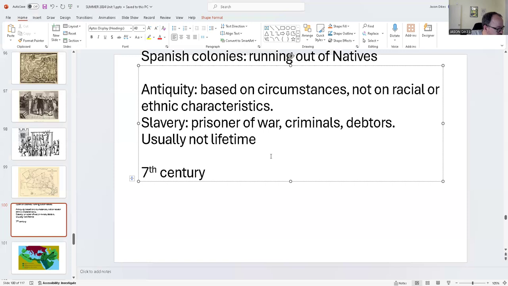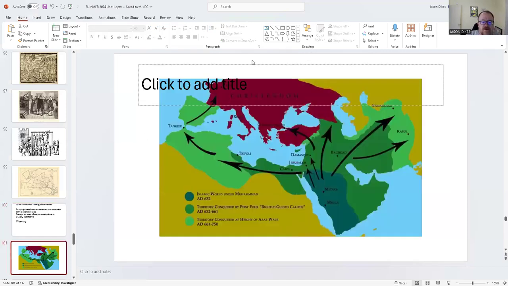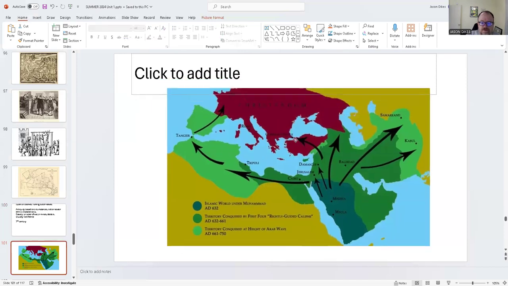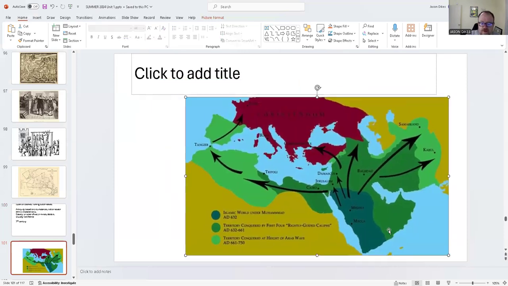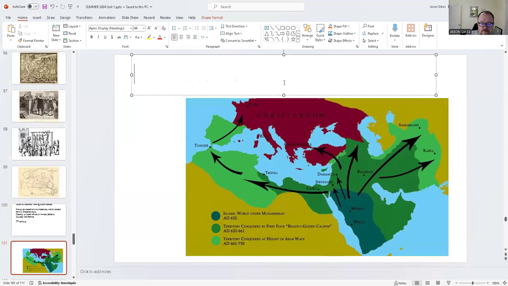During the 7th century, as we can see here, we have the conquest of much of the Middle East, but also Africa, by the Islamic world, as it is called here.